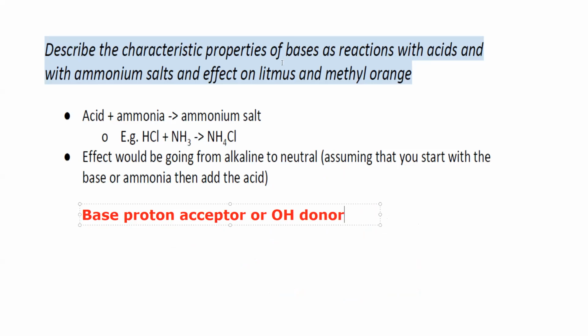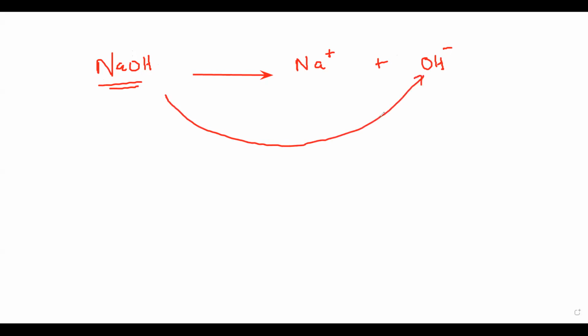There are different examples of bases. For example, we have NaOH, sodium hydroxide. When it dissolves, it will form Na plus and OH minus. A substance which has OH, or donates OH when it dissolves, we call a base. So sodium hydroxide is a base here.